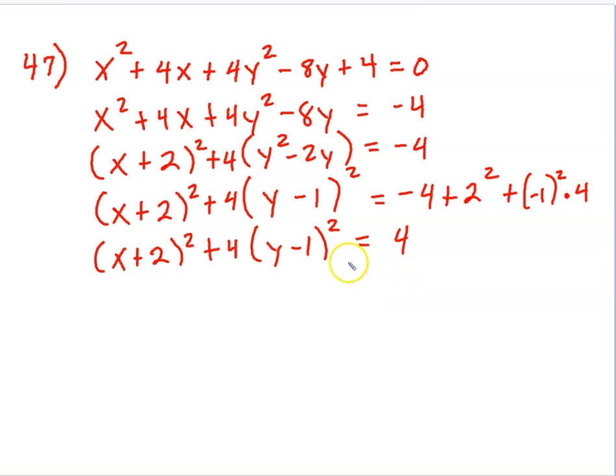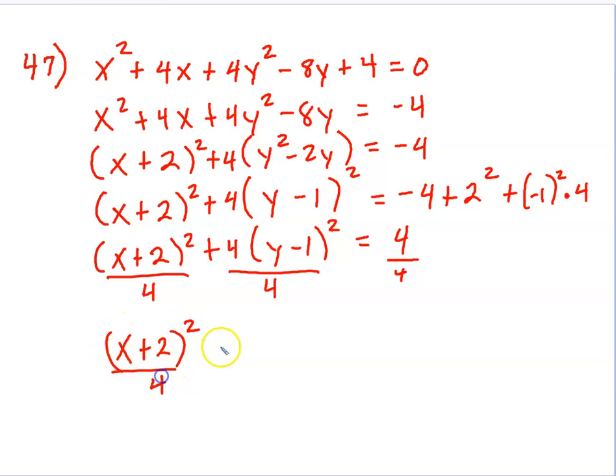Okay, and then remember, standard form ellipse equations need to equal 1, so we're just going to divide everything by 4. And that's just over 1, of course.